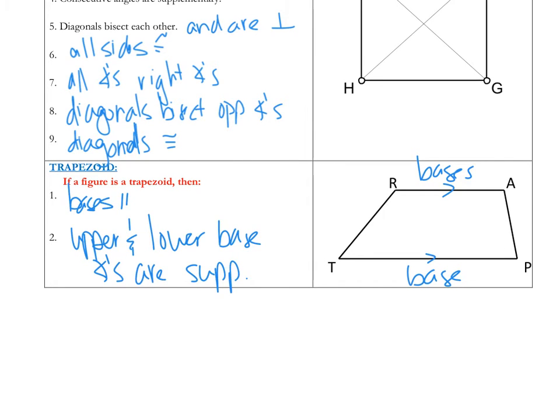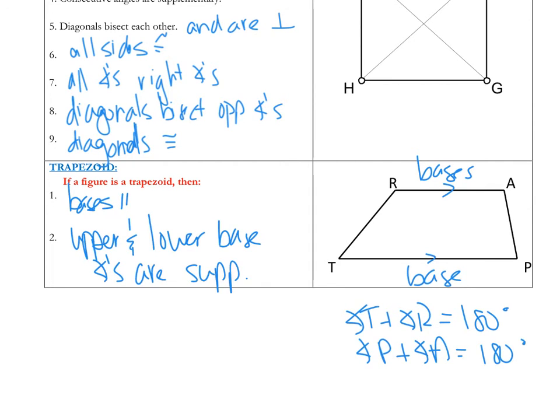So essentially what that means is that angle T plus angle R equals 180. You need one upper and you need one lower. So angle P plus angle A equals 180. So one upper base, one lower base, and that is how you get them to be supplementary.